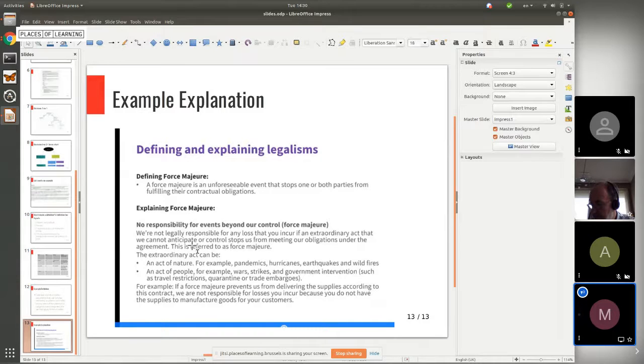So: no responsibility for events beyond our control. Force majeure: we are not legally responsible for any loss that you incur if an extraordinary act that we cannot anticipate or control stops us from meeting our obligations under that agreement.